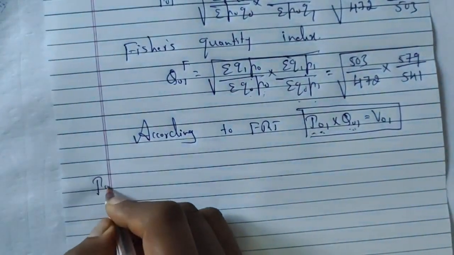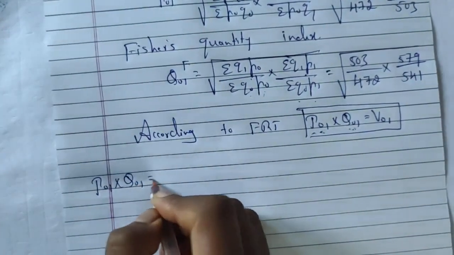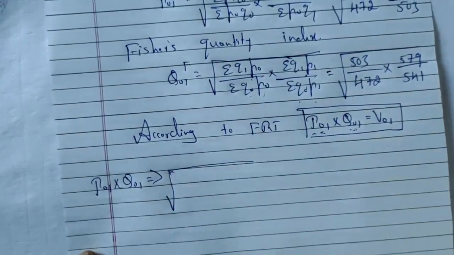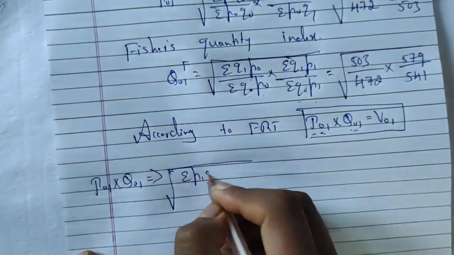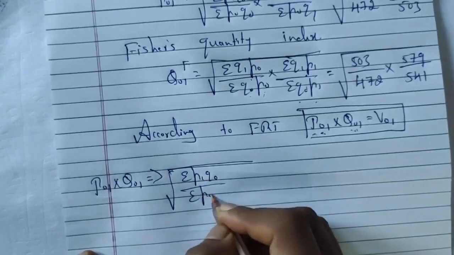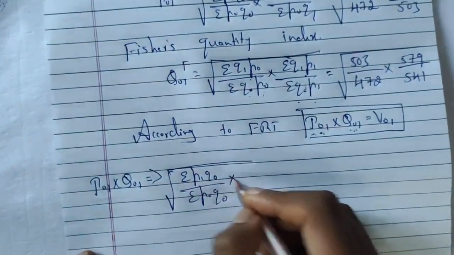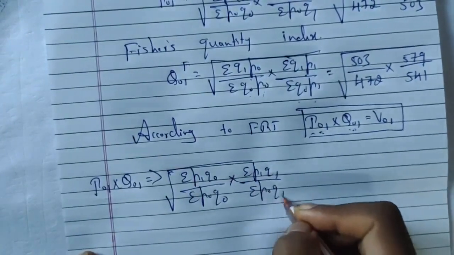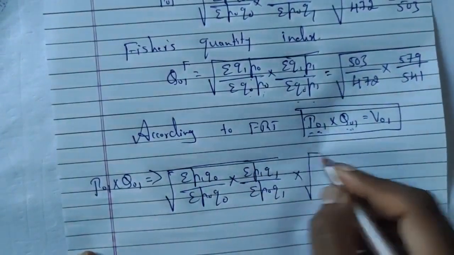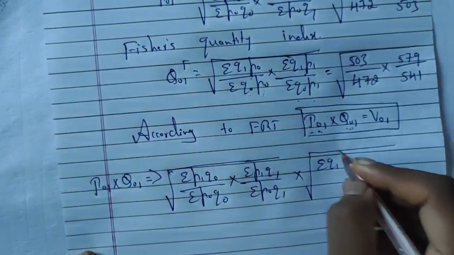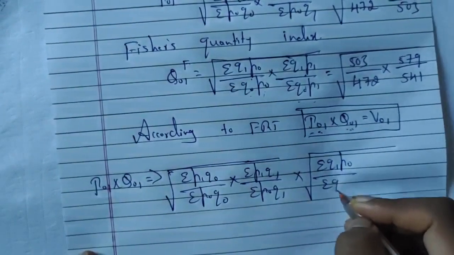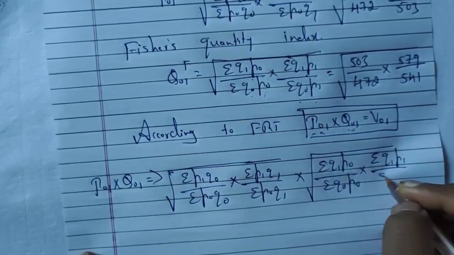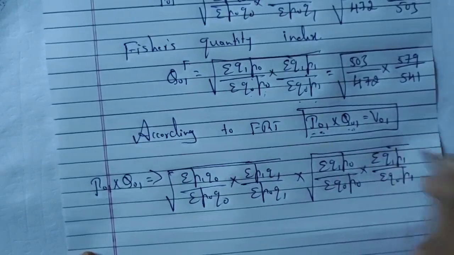P01 into Q01 is equal to square root of summation P1 Q0 by P0 Q0, price formula, into P1 Q1 by P0 Q1, into quantity Q1 P0 by Q0 P0 into summation Q1 P1 by Q0 P1.